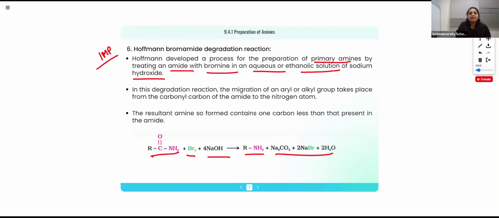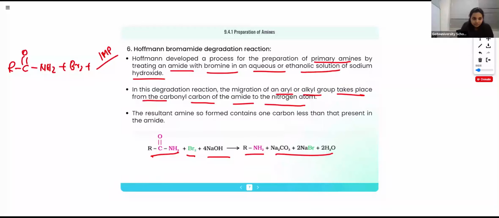In this degradation, the migration of an aryl or alkyl group takes place from the carbonyl carbon of the amide to the nitrogen atom. Important. I will explain. This is the compound RCONH2, in the presence of bromine and sodium hydroxide.